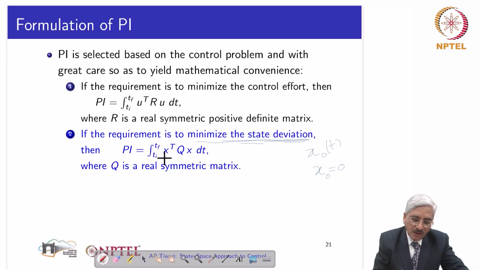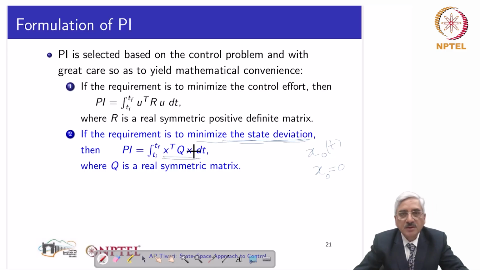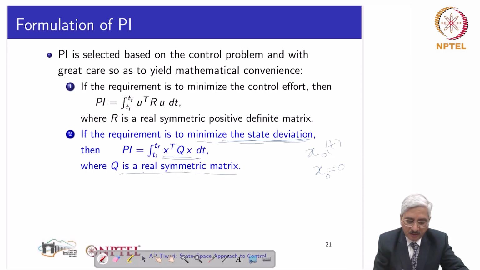So in that case, PI is x transpose Qx. Again, Q is a real symmetric matrix. It is required to be at least positive semi-definite. We will see in the subsequent part of the lectures.